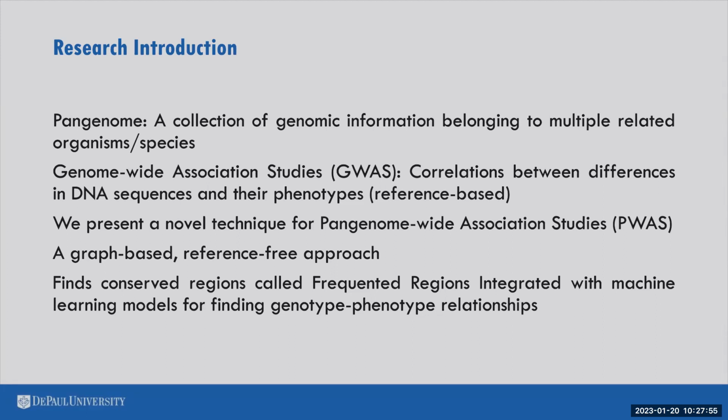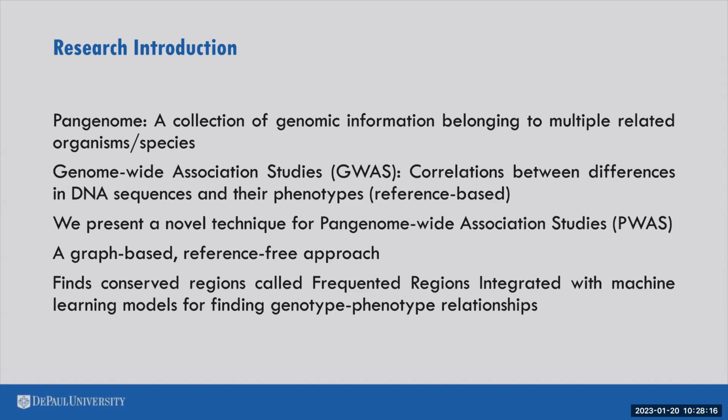Here we use graph-based methods, and we are not relying on any reference. So it's a reference-free approach, because we get to use a collection of genomes rather than just one genome, right?